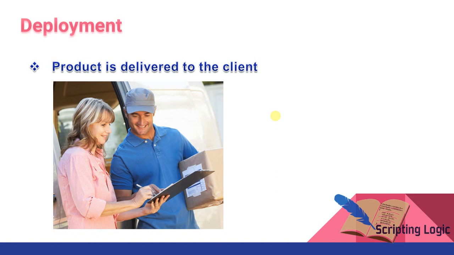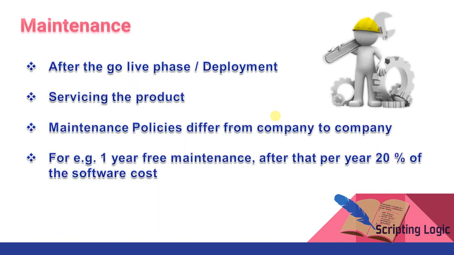So if suppose after delivering the product there are any issues in the software, so these can be resolved in the maintenance phase. So after go live phase of a deployment, we do the servicing of the product. Maintenance policies may differ from company to company. For example, some company may keep a policy like 1 year of free maintenance, and after that, per year 20% of the software cost, right?